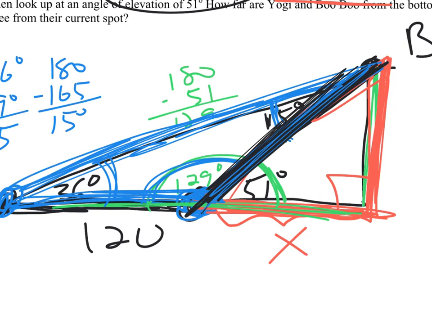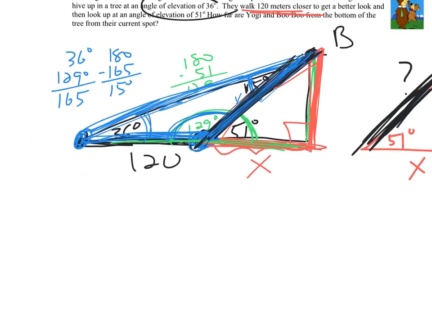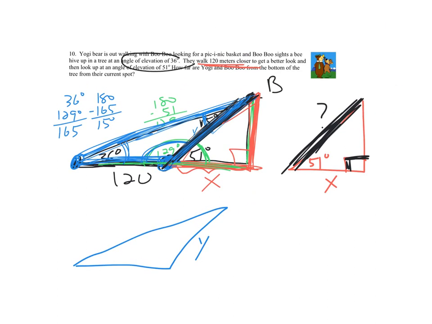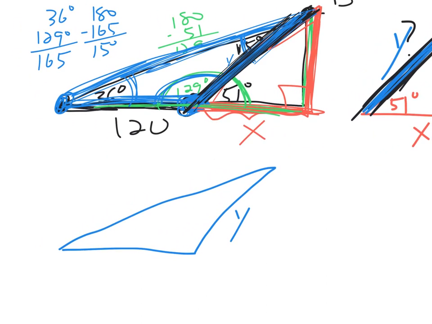So I'm going to find that first. Maybe I'll call this side y. Let me separate that blue triangle. I want to find y, which is also a side of the right triangle. Well, now I know a lot about that blue triangle. I know all three angles, 129, 36, and 15. And I know this 120.